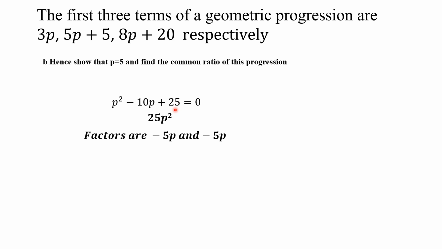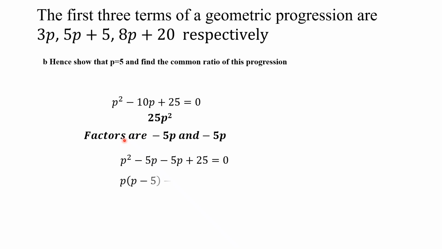Afterwards we rewrite the equation putting the factors, so it becomes p squared minus 5p minus 5p plus 25 is equal to 0. We did this so that the expression becomes factorizable. So here p is common, we factor out p, and here minus 5 is common, we factor out minus 5.